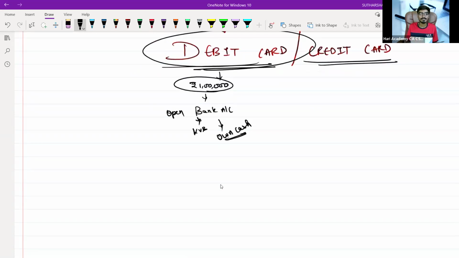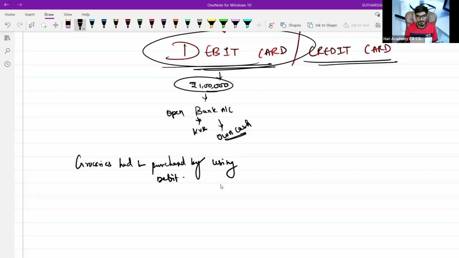Suppose I make a payment, or I will write down: groceries have been purchased by using debit card worth rupees 50,000.